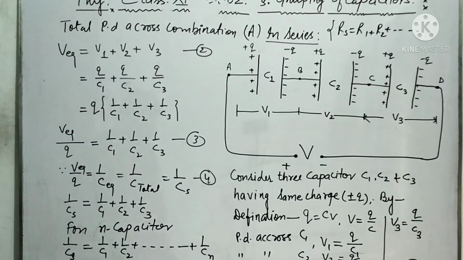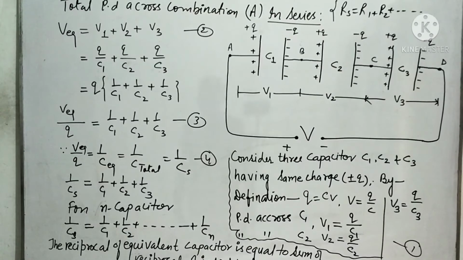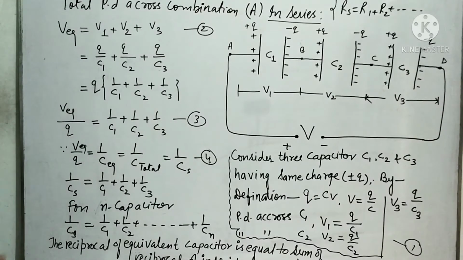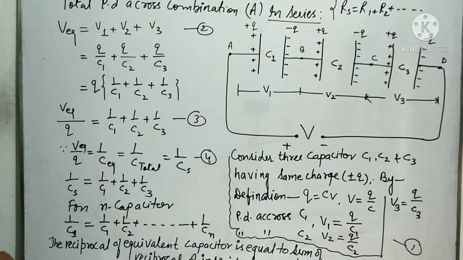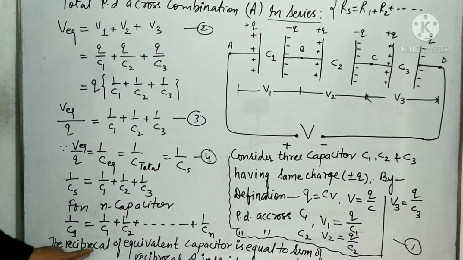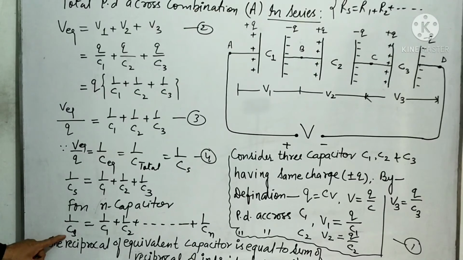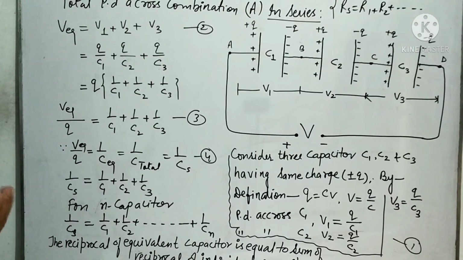So we have to write one statement, according to the final formula. How will we explain the net combination? This is the reciprocal of the equivalent capacitance. 1 upon Cs means reciprocal, inverse.